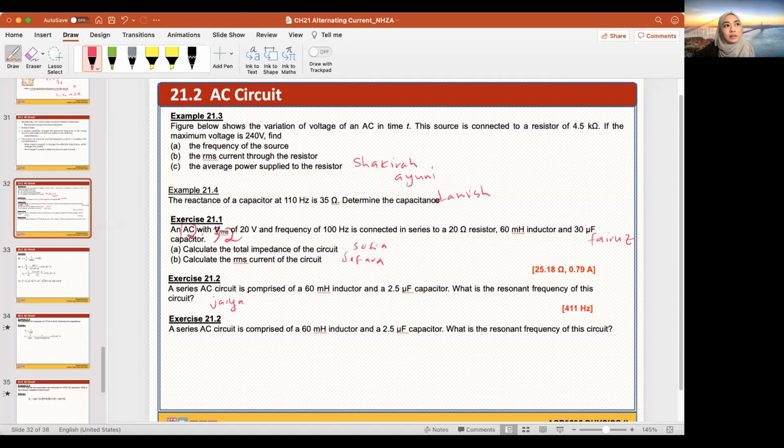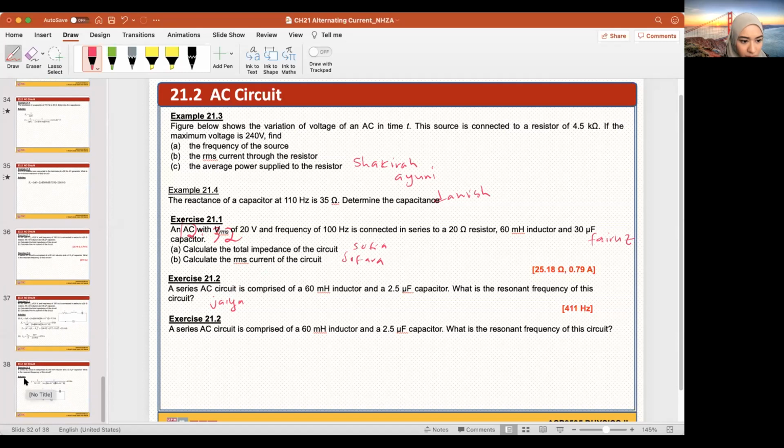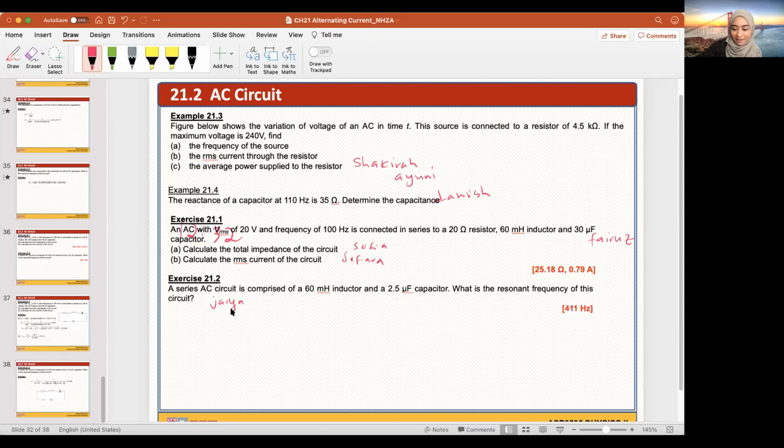Thanks Jaya. Okay, Divya buat 21.1, example 21.4. Oh, this is the same question. Okay, Divya tak payahlah. Nanti next time saya suruh Divya. Okay, doktor.